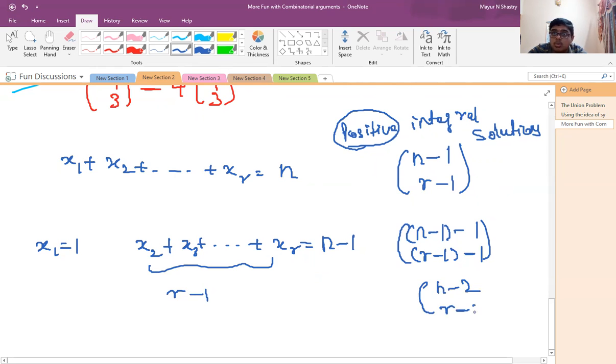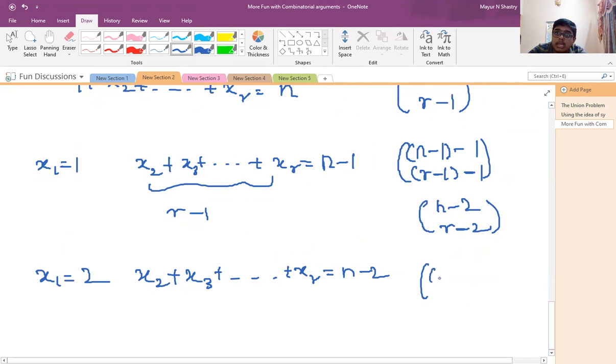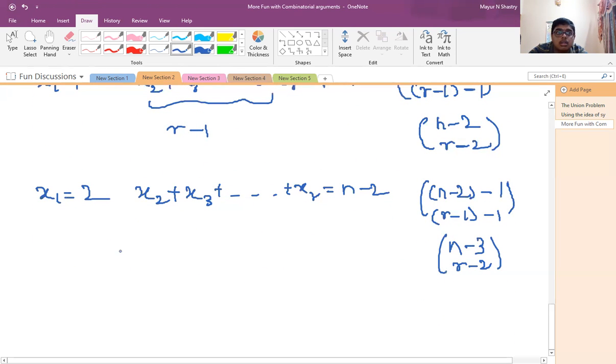Choose r minus 2. And now the second case would be when x1 is 2. That would give us x2 plus x3 plus all the way up to xr is in fact n minus 2. So this would in fact be n minus 2 minus 1, choose r minus 1 minus 1. Still there are r minus 1 elements. So this is going to be n minus 3, choose r minus 2. And till where can this go to?